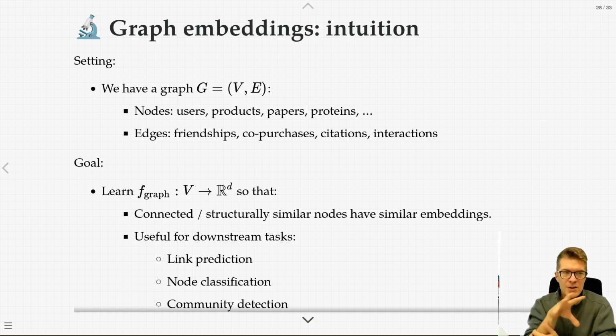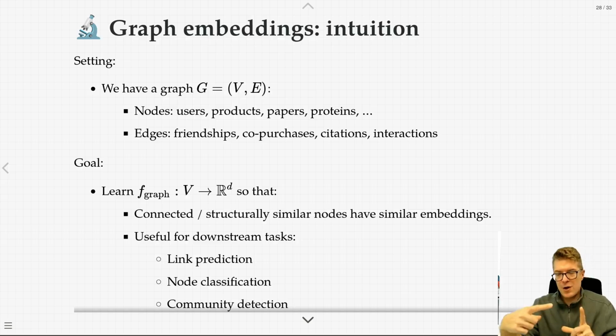In a machine learning context, nodes can represent users, patients, products, research papers, proteins, and the edges are the relationships between them. So users, like friend groups on social media websites; products, how they're often bought together; papers, are these research papers often cited together; are there protein interactions or drug interactions. So there are relationships between these entities that we have in our graphs.